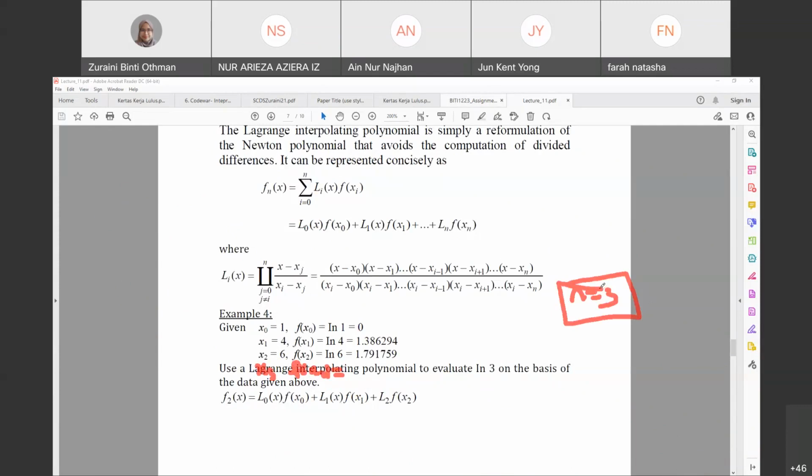Okay. Jangan risau, the data will be given to you. Or they don't ask you about N sama juga dengan berapa, but they ask you, please use all the data. So you know already, if they ask you, please use all the data, they give you X3, you know already you have to find N3 if they ask you to use all the data.